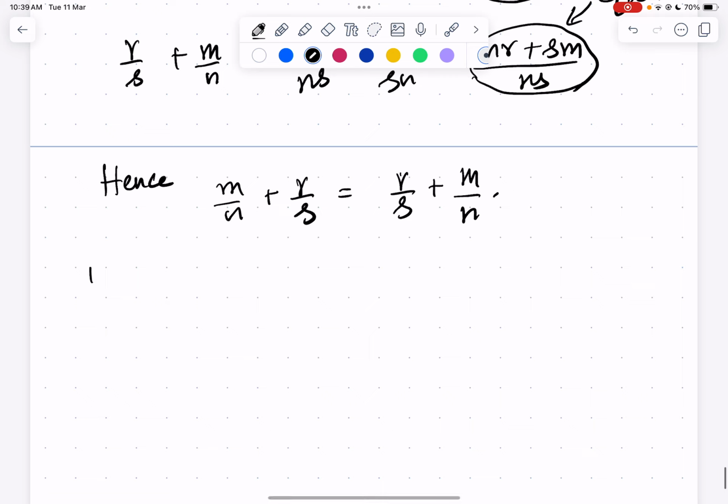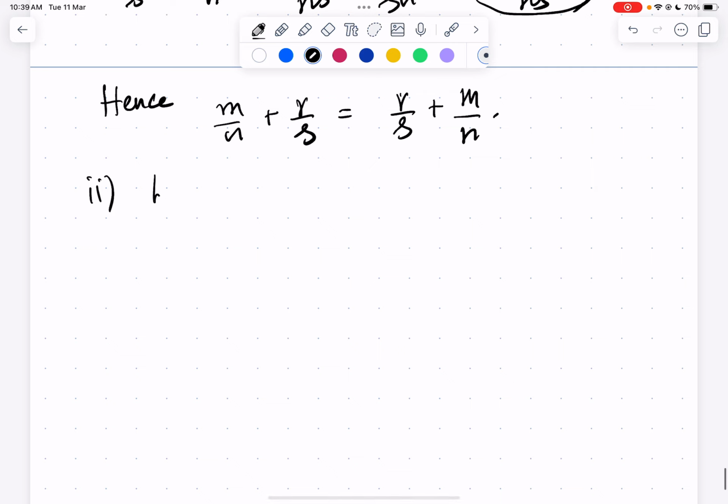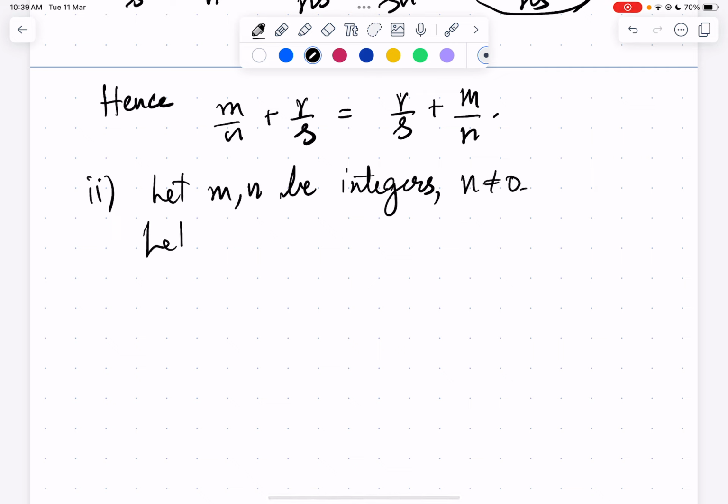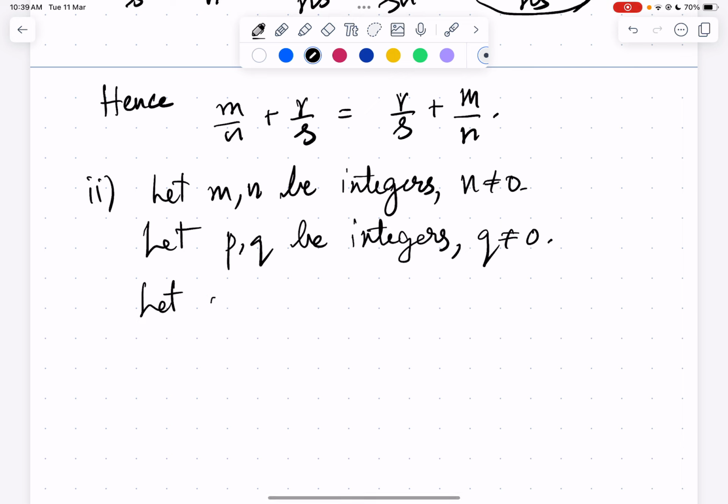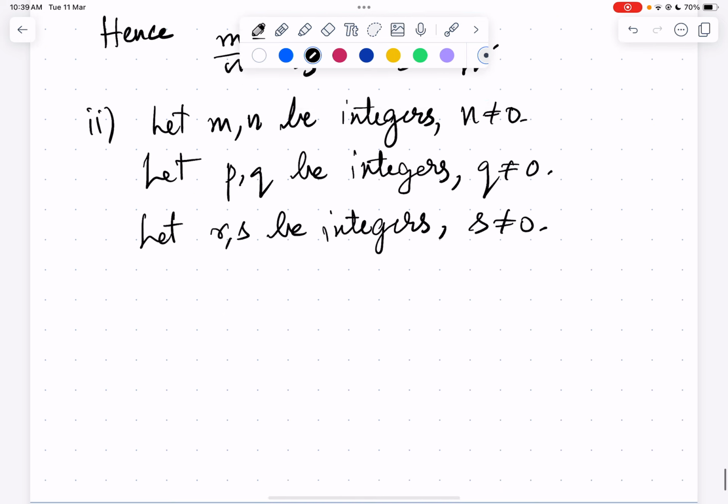So for associativity, we need to take three rational numbers. Let m, n be integers and n not equal to 0. Let p, q be integers, q not equal to 0. Let r, s be integers, s not equal to 0.